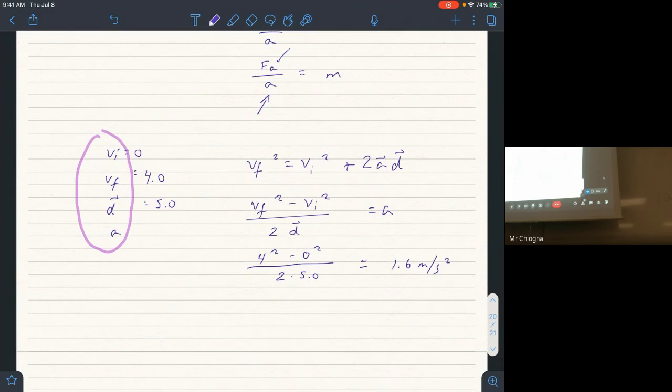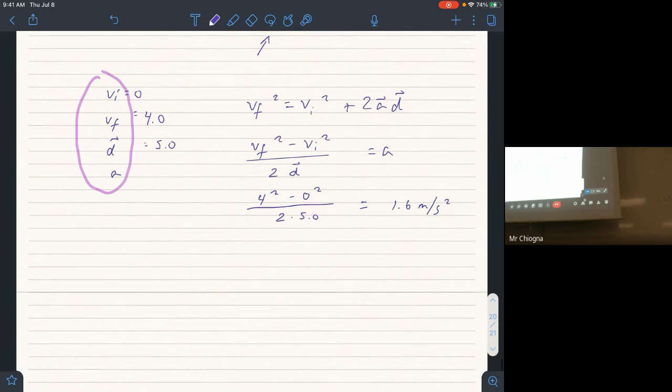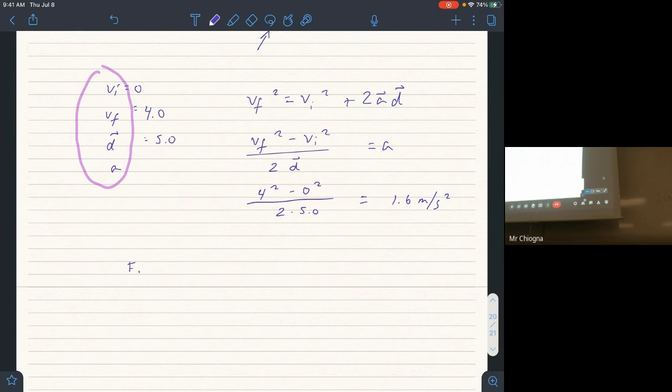What we need is just the FA and the a, which we have now. Works out to be 7.5. That's your mass.